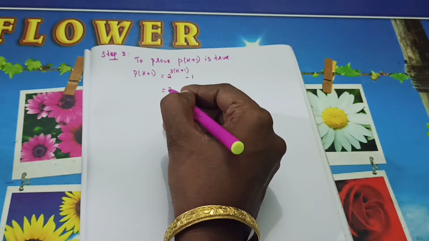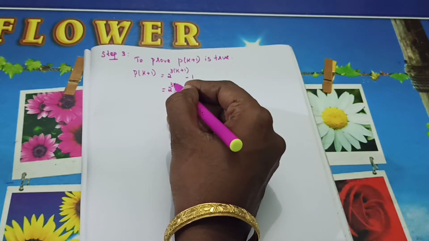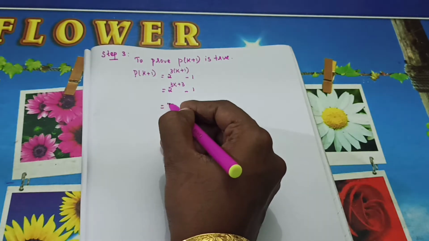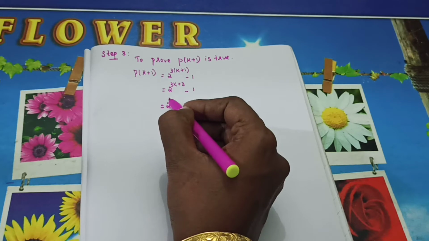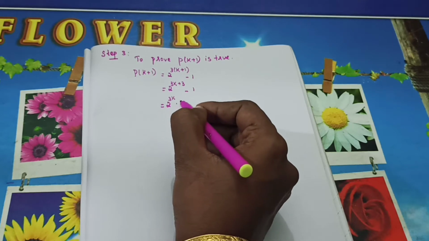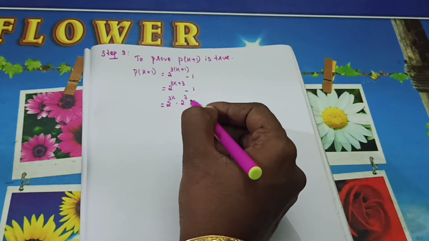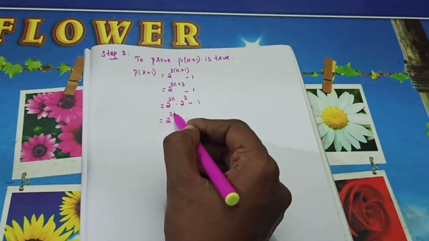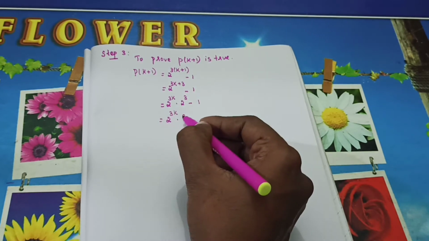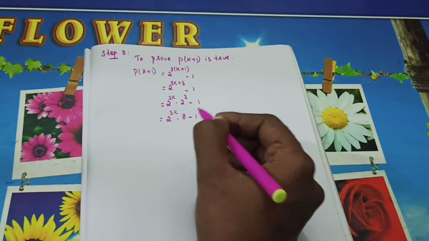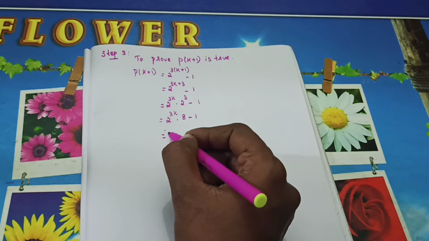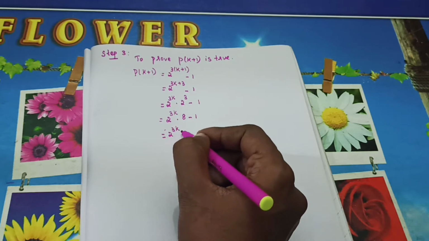That is equal to 2 power, multiplying inside, 3k plus 3 minus 1. Now that is equal to, shall we split as 2 power 3k into 2 power 3, minus 1? That's equal to 2 power 3k into 2 power 3, what's the value? 8. 8 minus 1. Okay. That's equal to, shall we write this 8 as 7 plus 1?